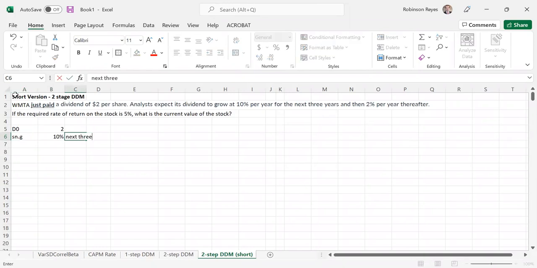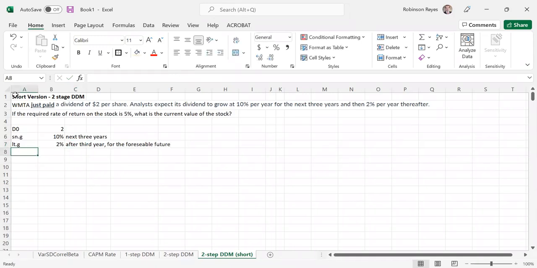for the next 3 years. Following that, we will end up with a long-term growth rate or stable growth rate, which is the growth rate at which the dividends will continue growing after the third year and for the foreseeable future, and that's at 2% for the foreseeable future.